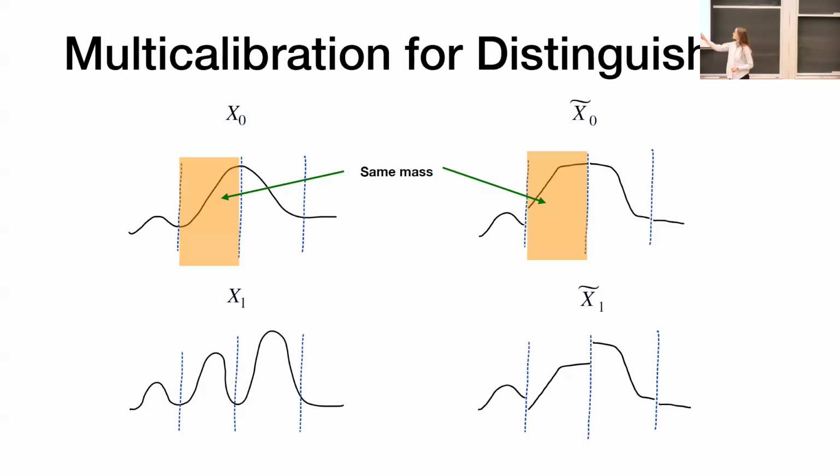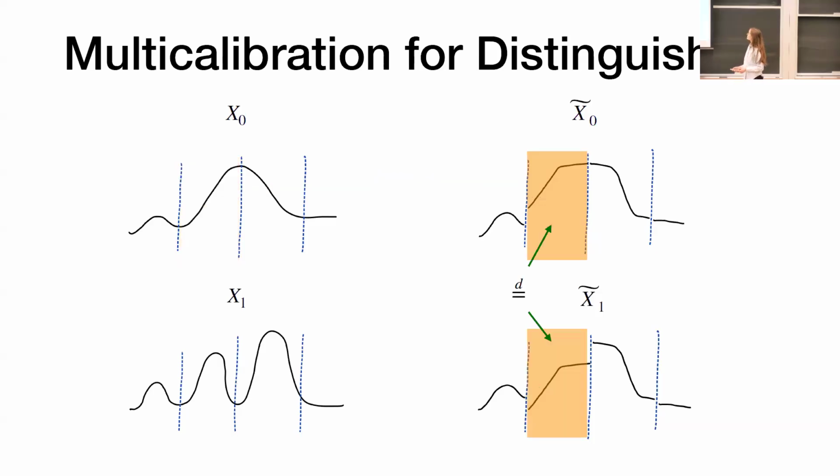Next, we have that x0 and x0 tilde assign the same mass to each part of the partition. Third, we have that within each part of the partition, they're identical in distribution. We see what's going on here a bit because this function is lower down than the other one, but they look the same once you condition on lying in that part of the component.